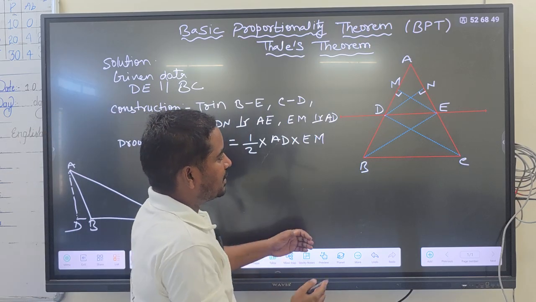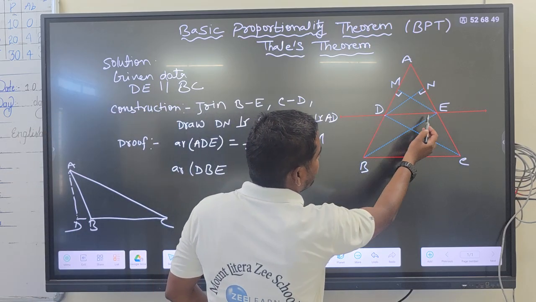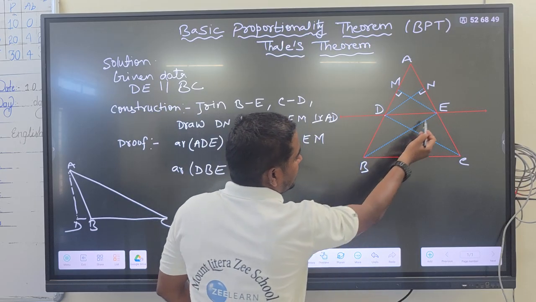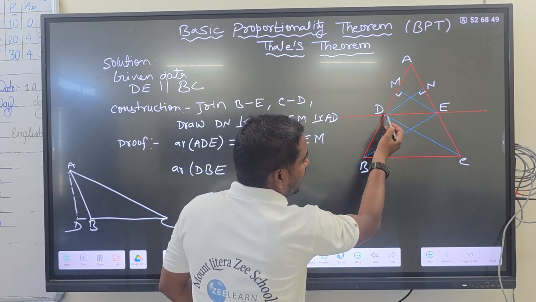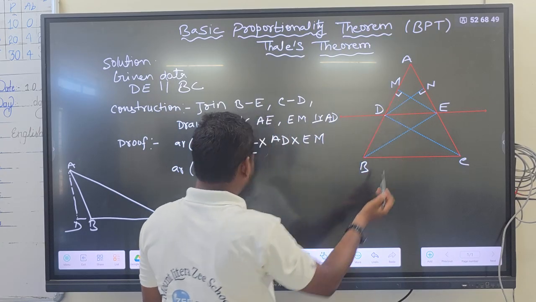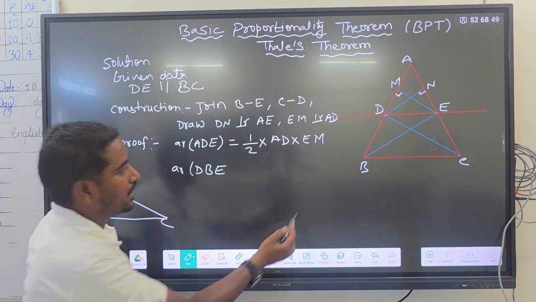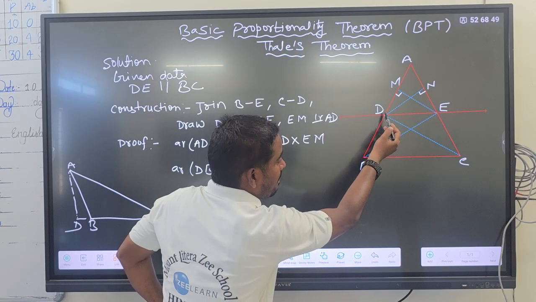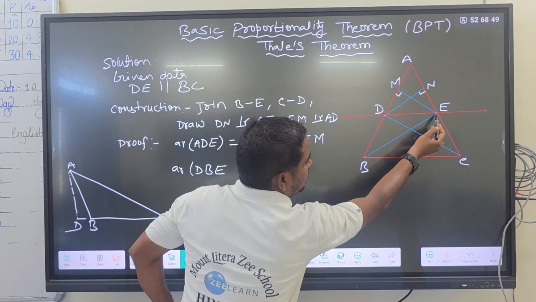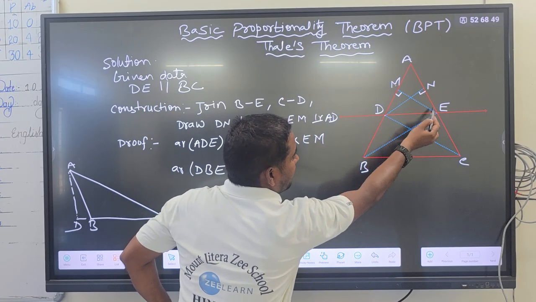Okay, similarly here also, see, this is an obtuse type of triangle. Triangle DBE is an obtuse type of triangle, where its height will be EM, outside the triangle. You can relate that figure. See here this figure: triangle DBE, its height will be EM.